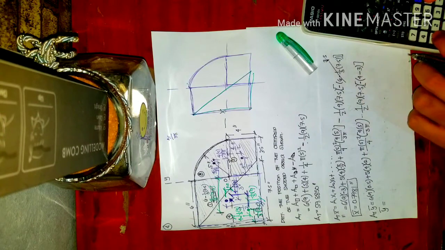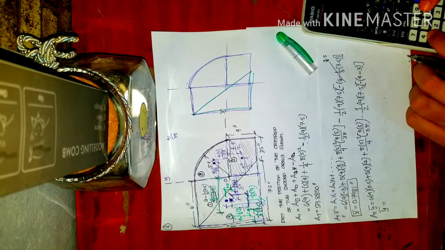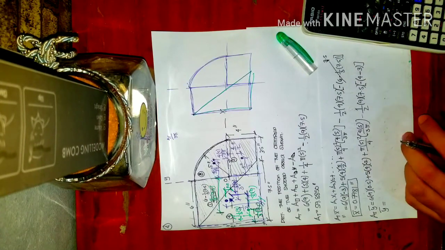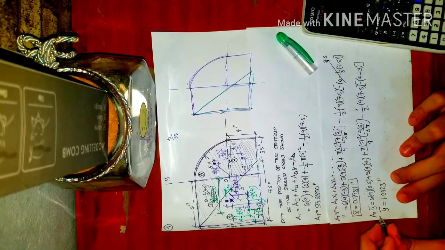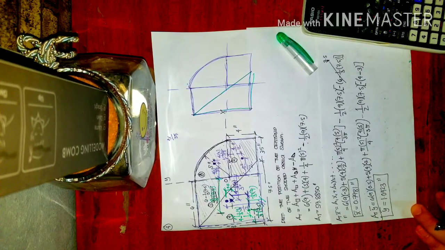So times negative 1. Okay, so 62, so divided by the total area, 59.8850. Okay, so the answer will be 1.0423. Tama ba? Inches. Okay, so ano sabi sa libro? Ayan, so 1.043. Okay, again, 3 decimal or 2 decimal place lang ginamit.